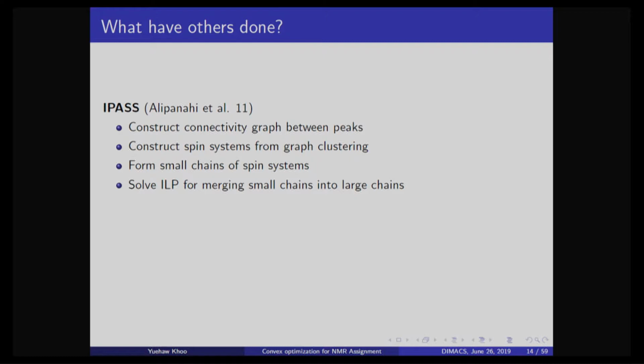You fix one spin system, you look through the other n-1 spin systems to see whether there's a match, and then you construct small reliable chains. Once you construct these small reliable chains, you try to assemble them into a big chain using integer linear programming. Okay, so this is an approach that they have taken.